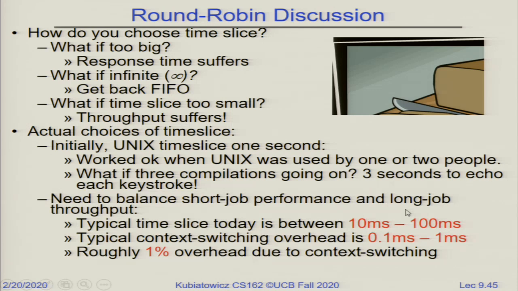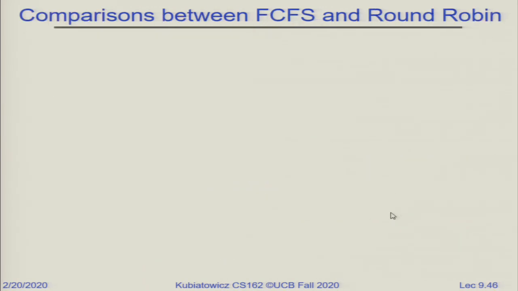And so a typical context switch overhead is about 0.1 millisecond to a millisecond. And so that's roughly, you want to be in the 1% range or so of the context switch time so that overhead is no worse than a percent. And so these typical numbers are about 10 to 100 milliseconds for switch time. Right? Pretty standard.